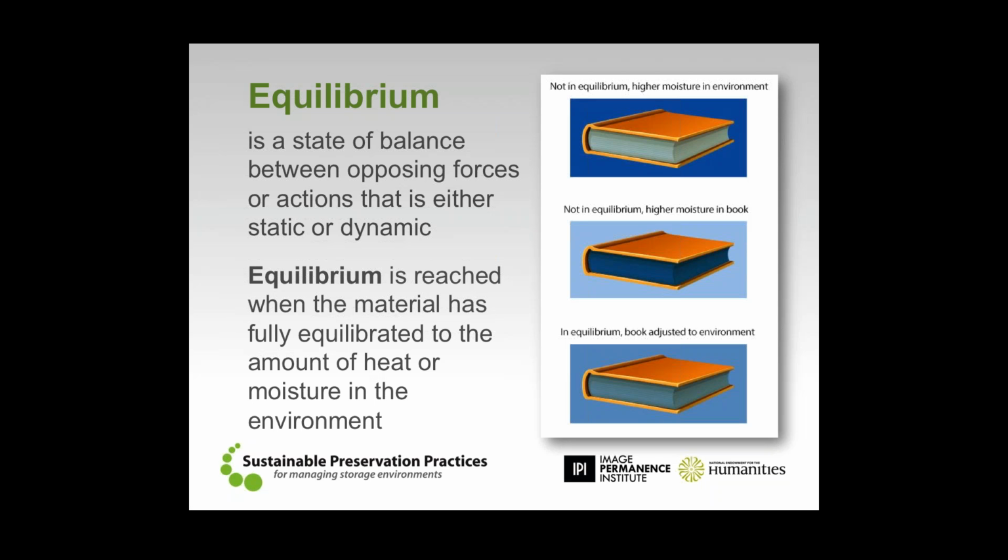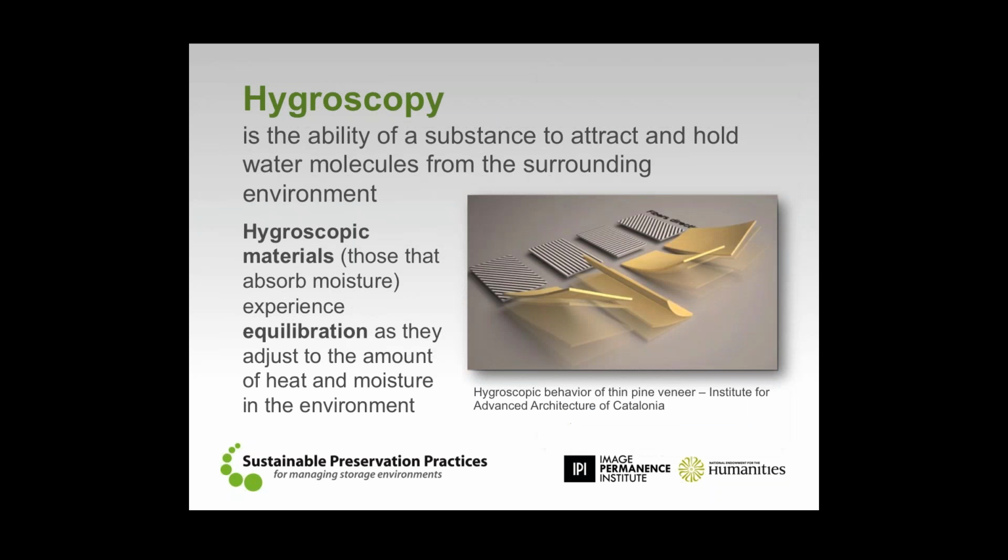It doesn't sit in stasis. Not everything is exactly the same all the time. And we understand and recognize that as the environment around an object changes, the object is going to begin to change in response to that environment. And what we know is that equilibrium is reached when the material is fully equilibrated to the amount of heat or moisture in the surrounding environment. And hopefully the graphic over on the right will help with that idea a little bit.